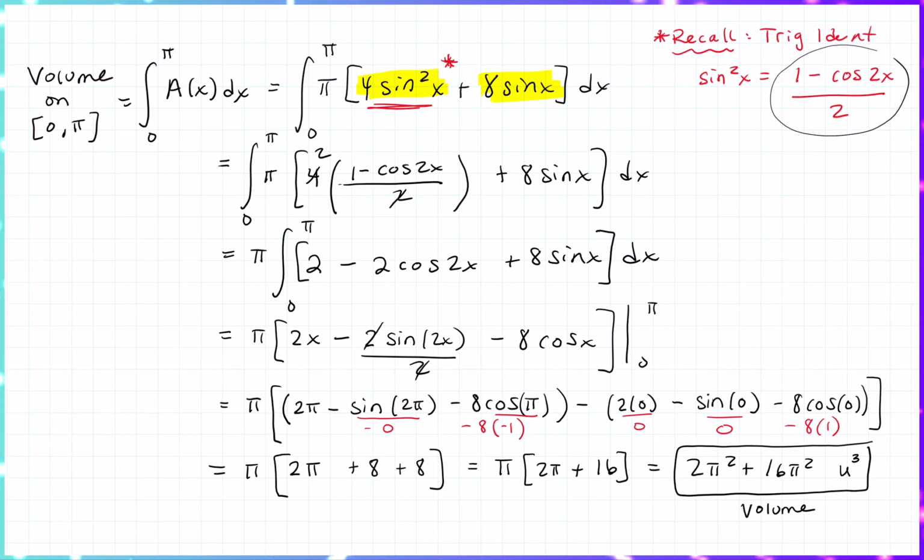And there it is. So we have 2 pi squared plus 16. Oh, that should be 16 pi. I just caught my own little mistake right there at the end. I distributed the pi to both of those. So we should have 2 pi squared plus 16 pi units cubed of volume.